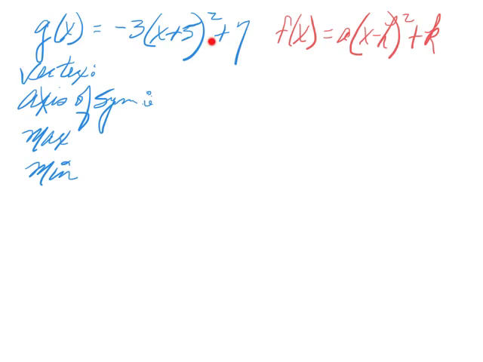Okay, so we're going to look at this one here again. So we know our vertex is our h, k, and our h is right here. And in this case, it's supposed to be x minus h, and here we have an x plus 5. So that means this must be x minus a -5.